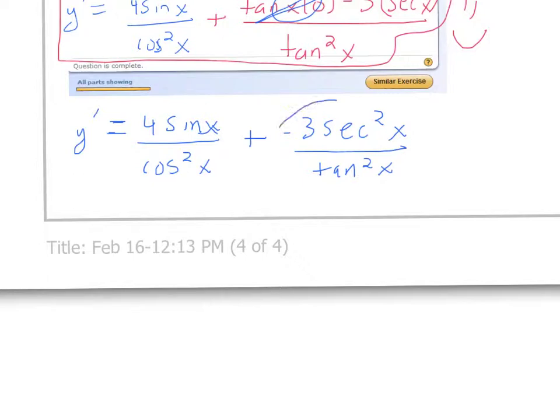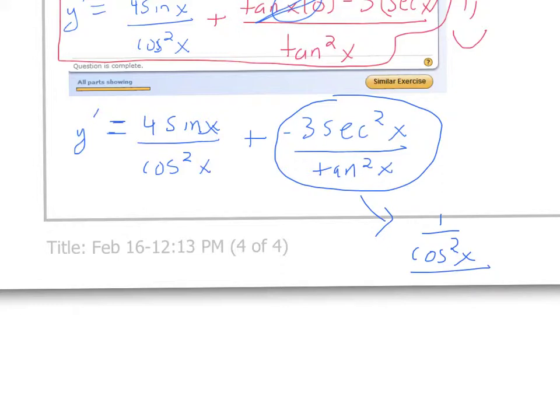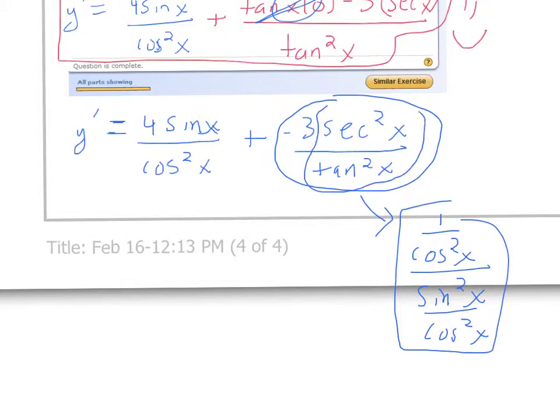What you do is you kind of zoom in on this piece here. Secant squared over tan squared. I'm just going to kind of think about that. Secant squared really means 1 over cos squared x. And tangent squared really means sine squared x over cos squared x.